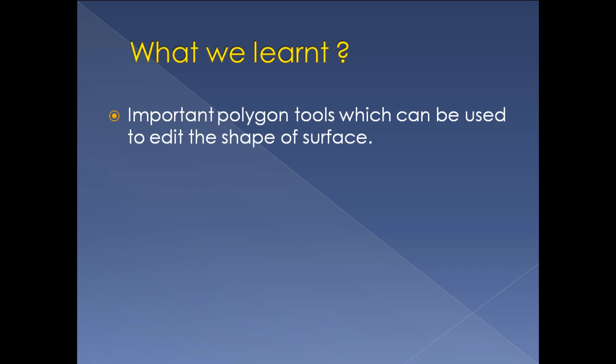We have learned to bridge between two faces of a single polygon object. We have learned how to smooth out a component or object with the help of bevel. We have learned how to chamfer a vertex which will divide one vertex into multiple vertices. We have seen how to merge vertices into one vertex, and we have seen boolean operations which have different kinds of operations like union, difference, and intersection.